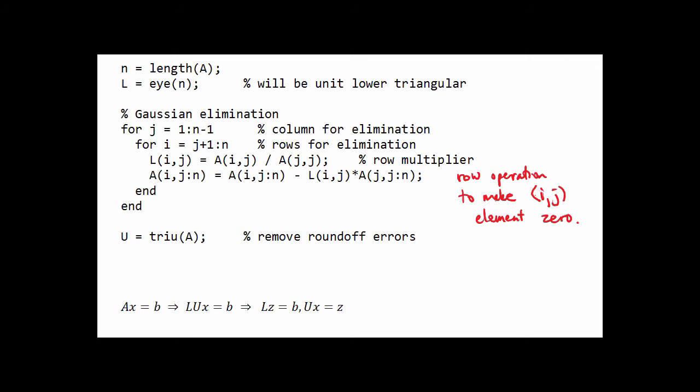At the very end of the function, after we've looped through all the rows and columns, we then just do this last command here, which forces all of the elements in the lower triangle of A to be 0. So if some of them were not quite 0 due to round-off errors, this will just make them exactly 0.